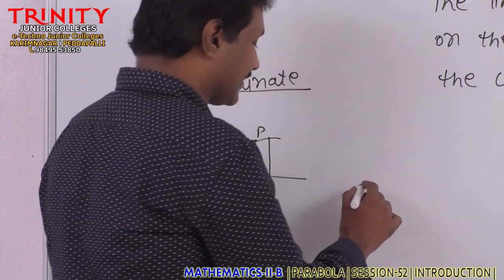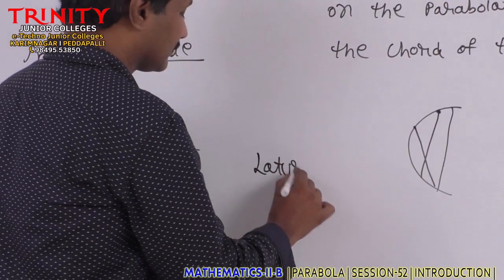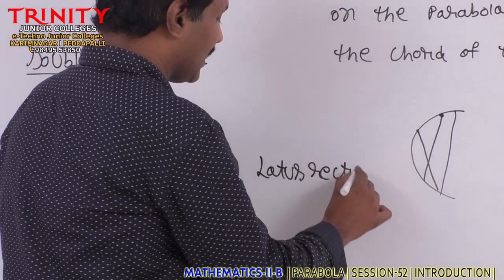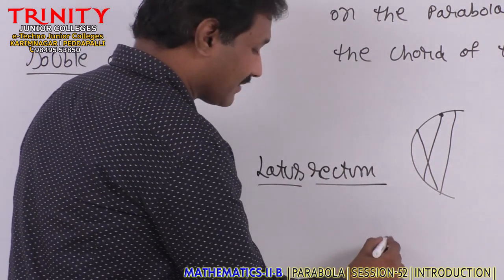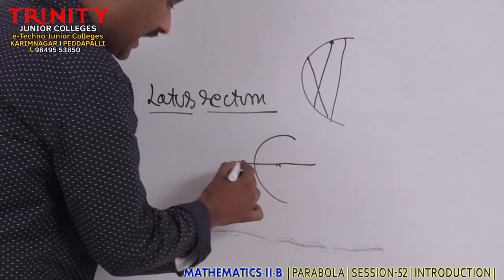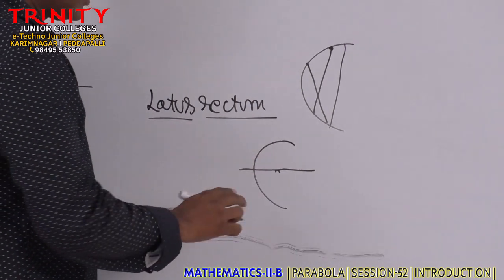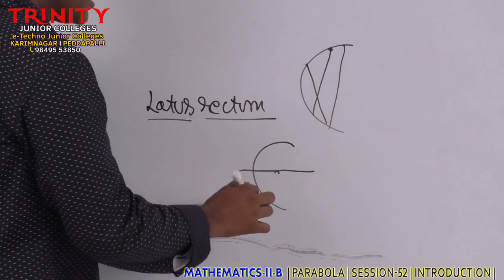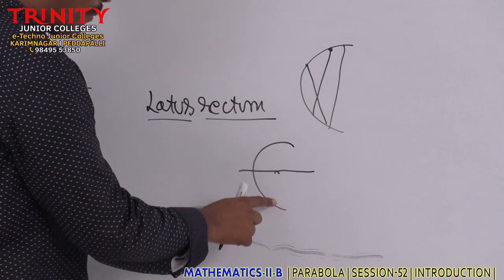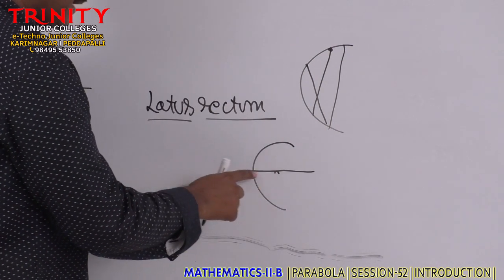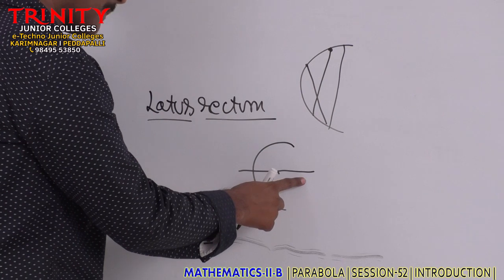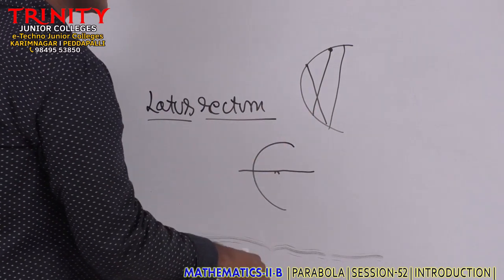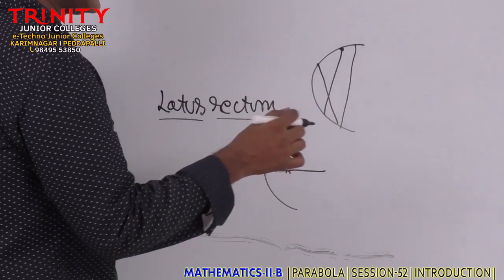Next, latus rectum. A line which joins two points on the parabola, is perpendicular to the axis of the parabola and also passes through the focus is called the latus rectum.